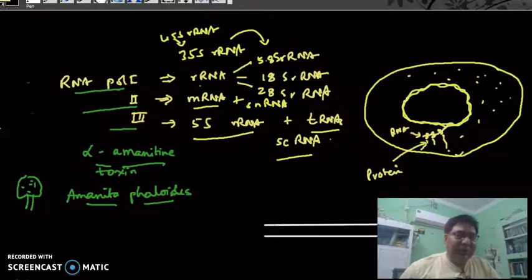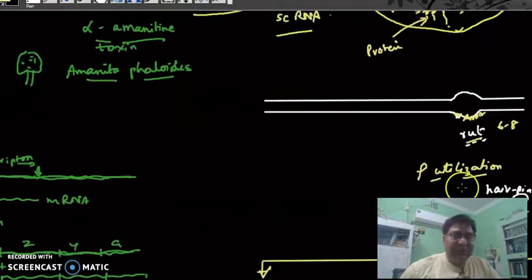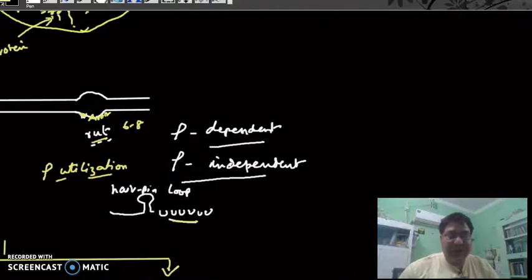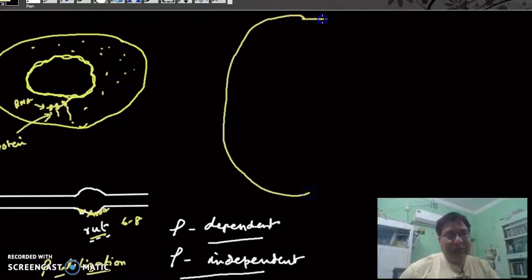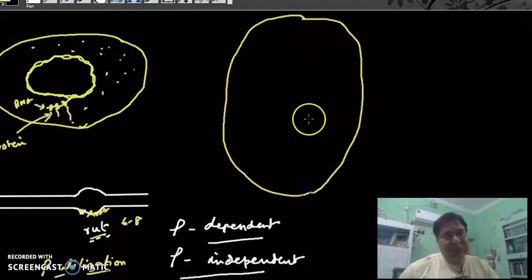But in eukaryotes, what happens? In eukaryotes, it is different. In eukaryotes, you get a nuclear membrane. So this is the cell. It has a nuclear membrane like this, isn't it? So this is a nuclear envelope.